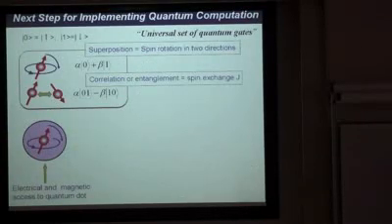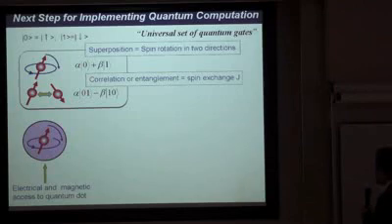Now, somewhat following the scheme, our tentative target is to prepare a single spin rotation to form a superposition of up and down spin states, and also control the correlation between two spins, or the exchange interaction between two spins.